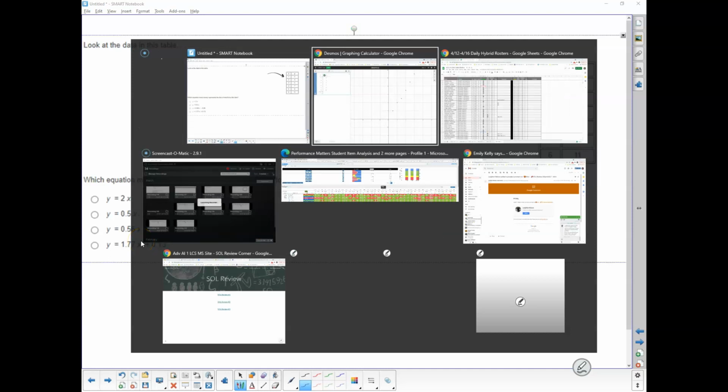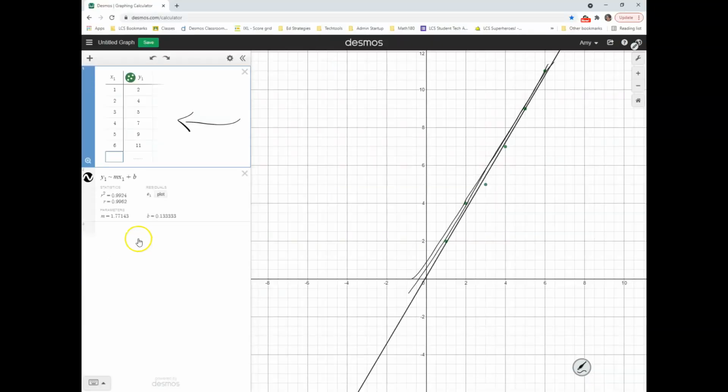So instead, what I can do is have Desmos figure out the line of best fit, where we use y1 tilde mx1 plus b. And so it actually gives the equation for me. So now I see that my slope is 1.77 and my y-intercept is 0.133.